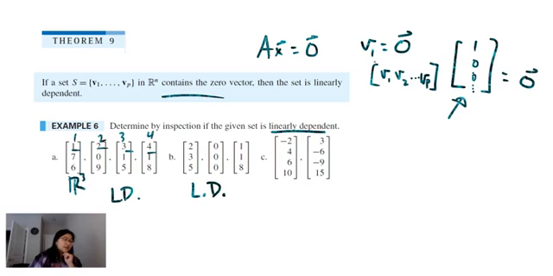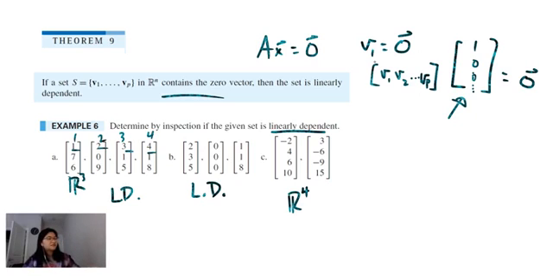And here, we're in R4, but we only have 2 vectors, so we can't rule this out as being linearly dependent by Theorem 8.